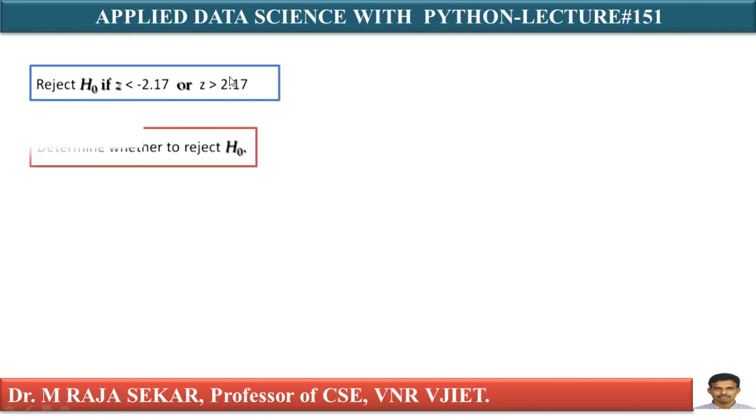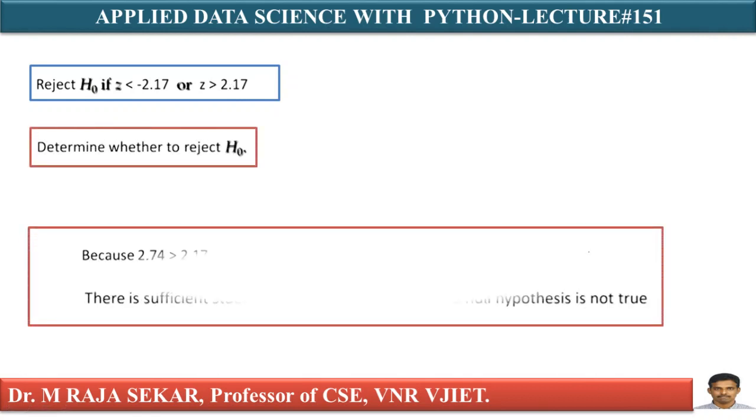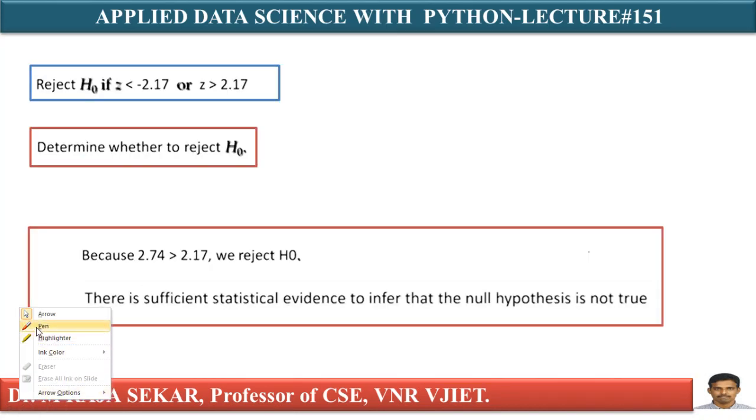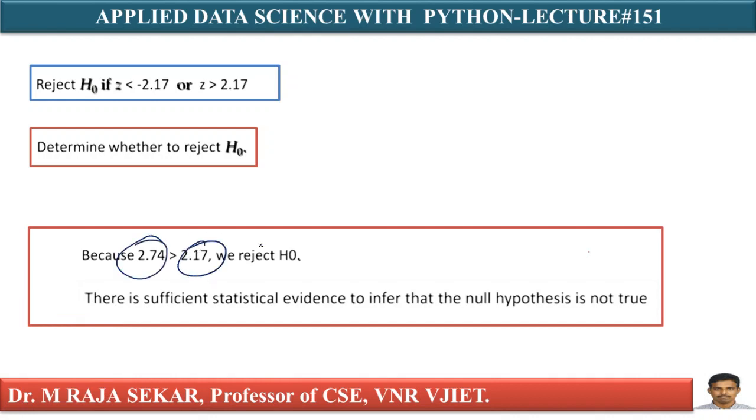Here our value is 2.74. My calculated value is 2.74. As it is 2.74, which is greater than 2.17, it is on the right side of 2.17. Therefore, what do I have to do? I must reject H naught, isn't it? The test statistic 2.74 is lying on the right side, on the rejection side, isn't it?